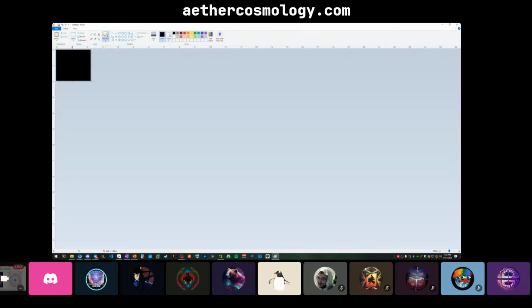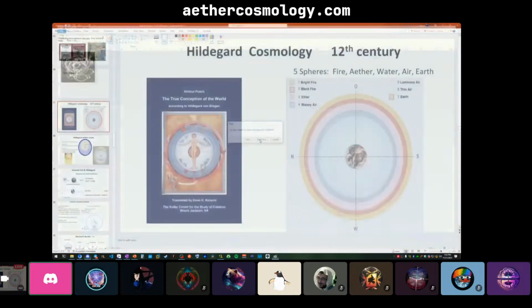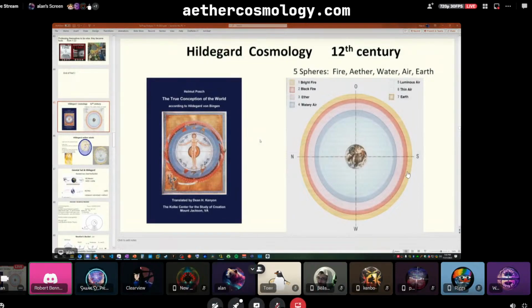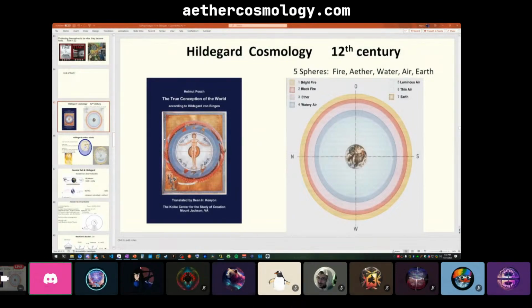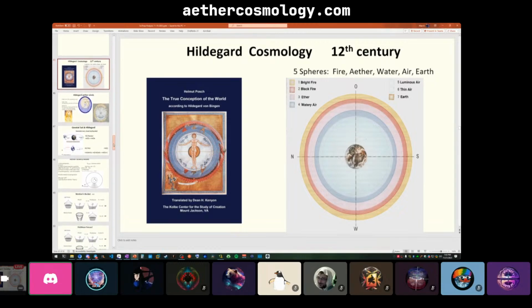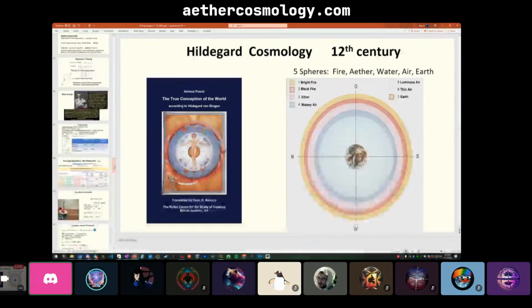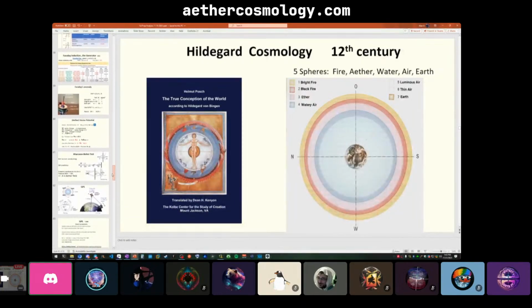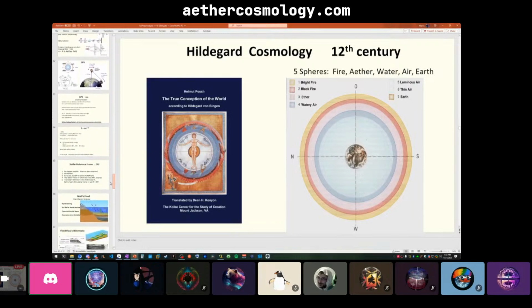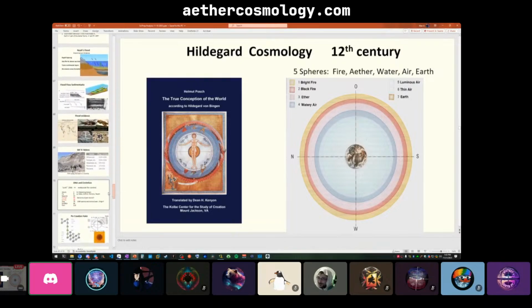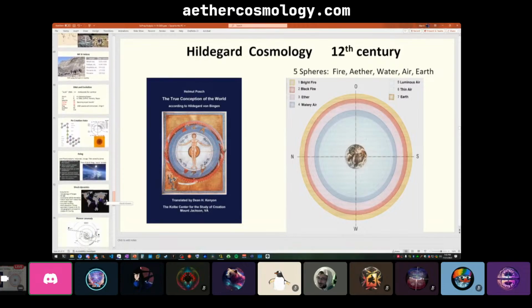I missed what you were saying. What is your take on redshift? Because I'm trying to figure out what I think redshift is. What do you think the cause is? Redshift, yeah, this was on the slides. The emission of ether from stars, besides light, causes the speed of the light to be boosted, and that would appear to us on Earth as a redshift, because the speed of light would be increased, and therefore the wavelength would be longer.